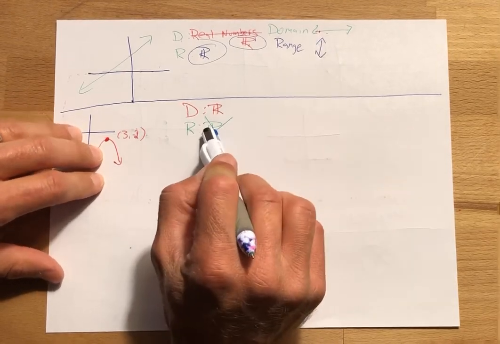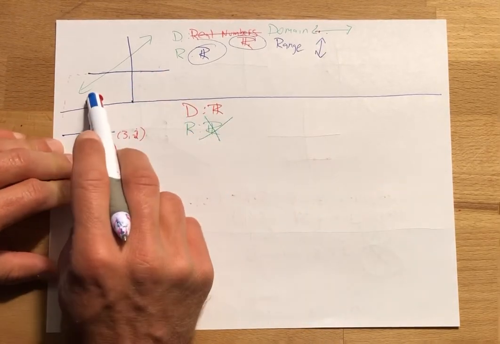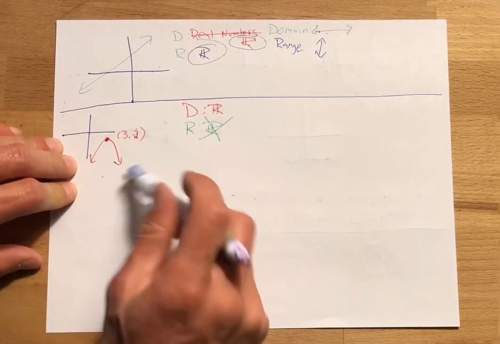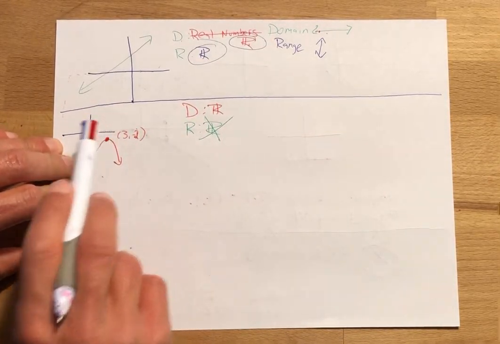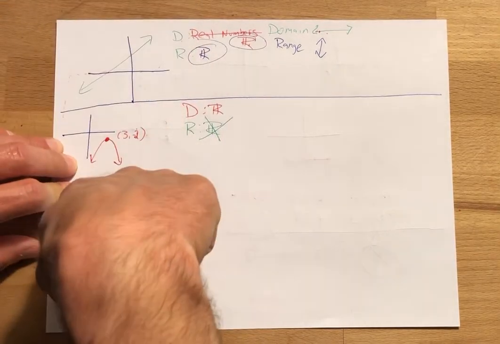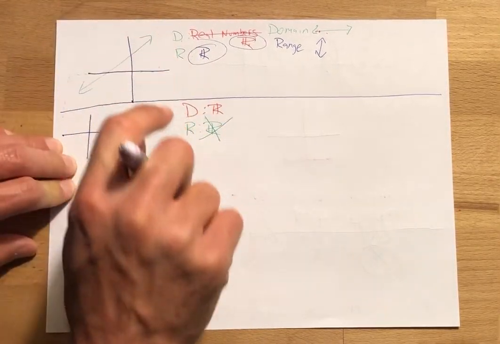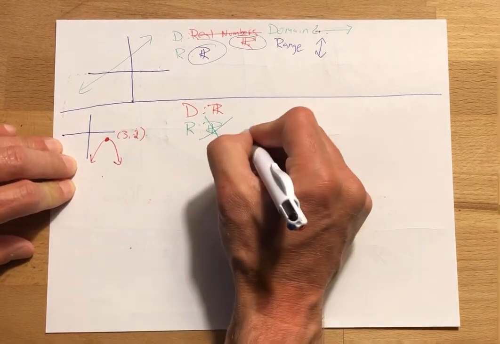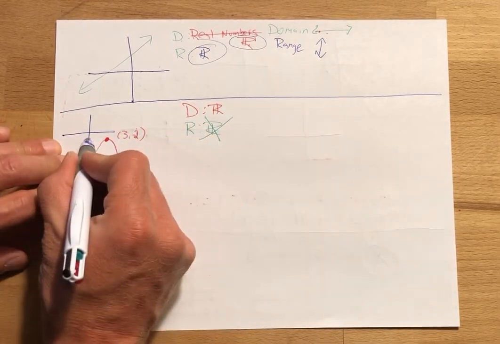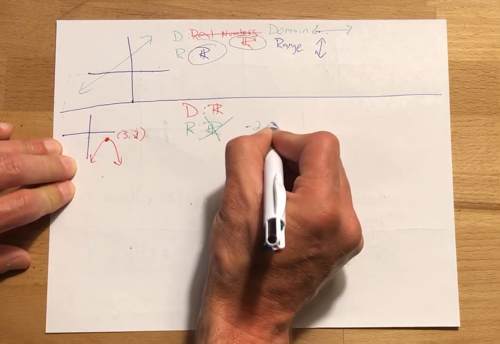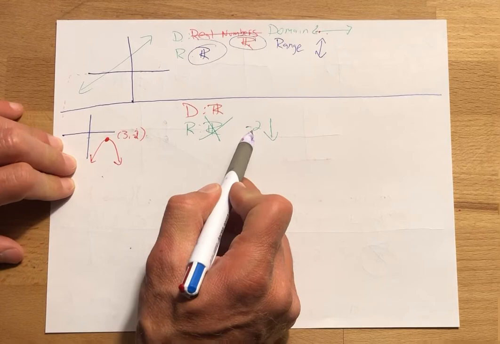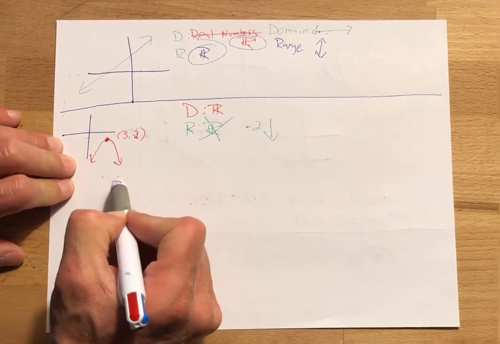If it's all real numbers, that means it contains every positive and every negative y. Or in English, it's going to go up and down forever. The simple answer is it doesn't go up forever. It goes down forever, but it doesn't go up forever. It has a high point. So it goes from -2 on the y, and then it goes down forever.